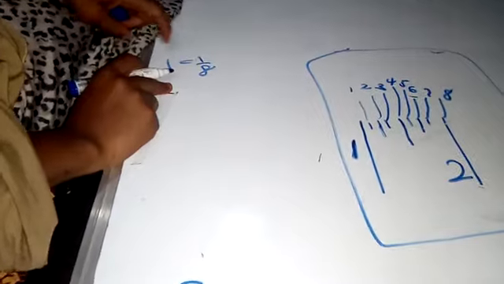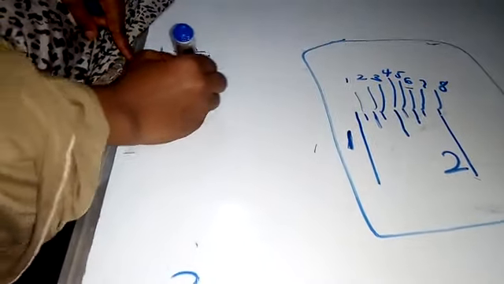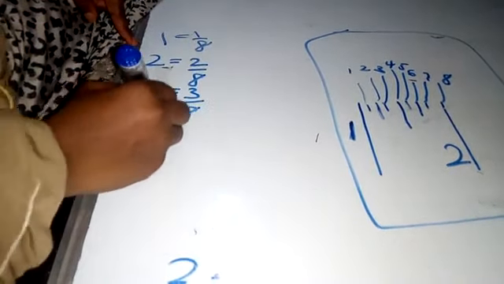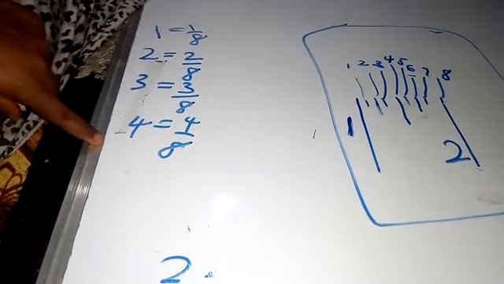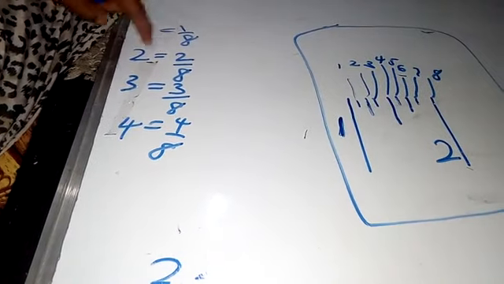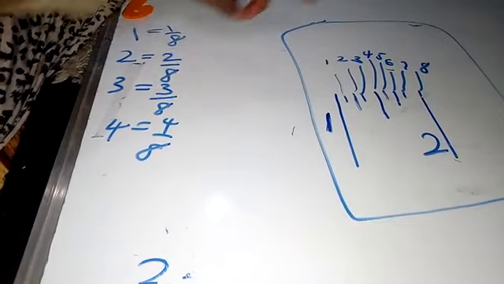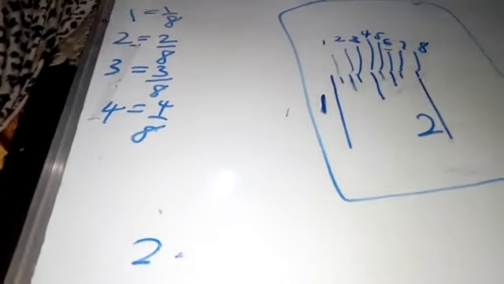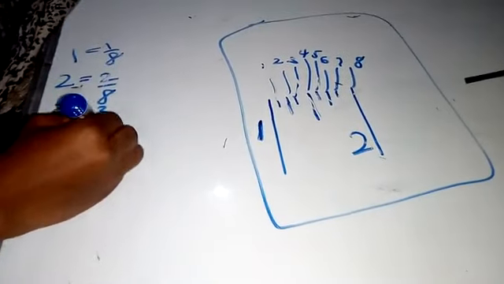So is it clear? 2 represents 2 over 8, 3 represents 3 over 8, 4 represents 4 over 8. 1 represents 1 over 8, the second line here represents 2 over 8, the third line here represents 3 over 8. The fourth line, which is like half, is very long, that is 4 over 8.